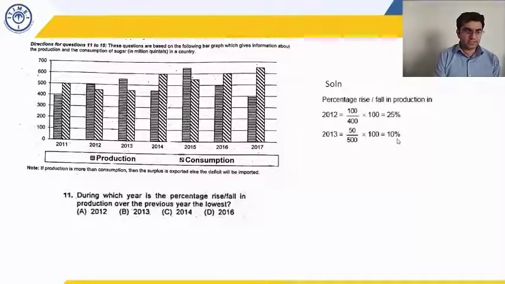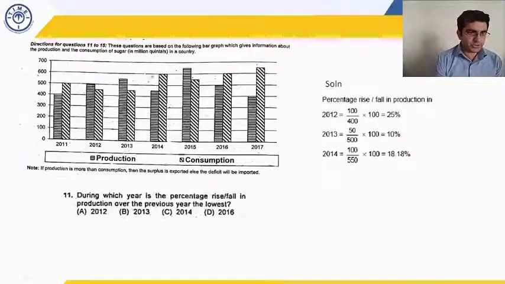Next, let's look at question C option, that is 13-14. So you get 550 drops to 450. So the change is 100 units on 550 units. That is 10 by 55. That is 2 by 11. And I know that 1 by 11 is 9.09%.